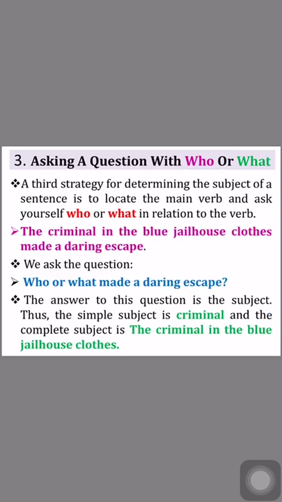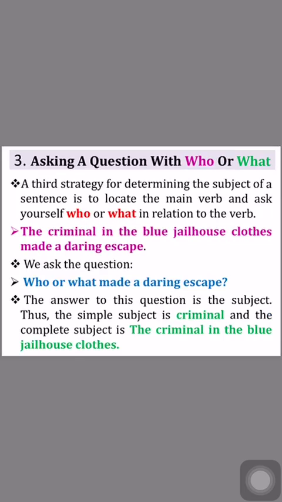In the same way, to identify the subject of the sentence, we can ask a question using either what for the non-personal or who for the personal. And by the way, sometimes we use what not only for the non-personal, but whenever we don't know the identity of the element which we are asking about.